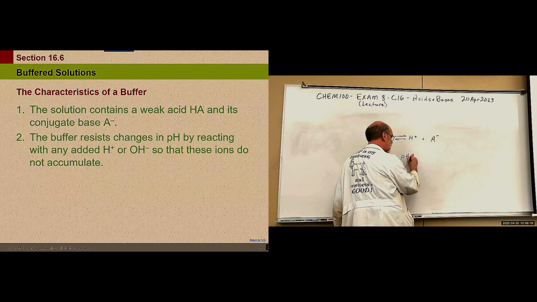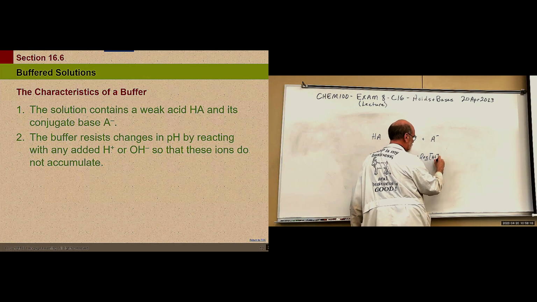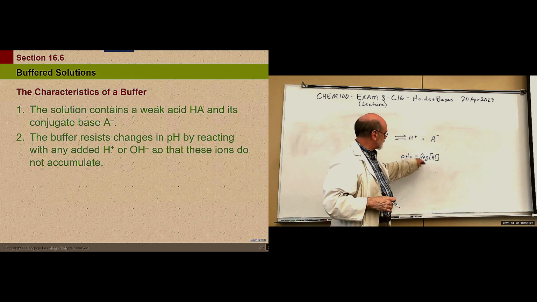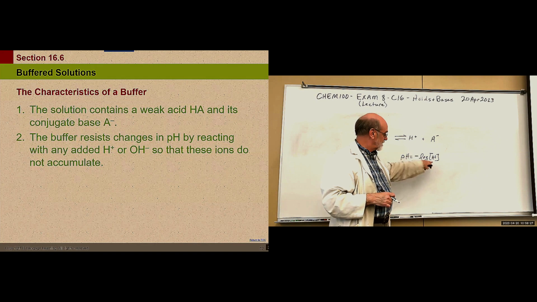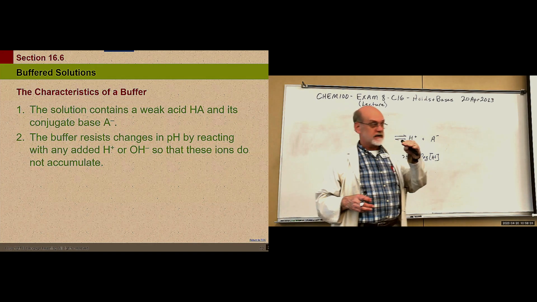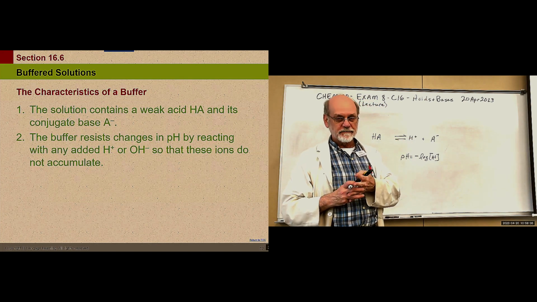So if pH is equal to the negative log of hydrogen ion concentration, then what's going to happen to the pH? If you consume most of the protons that you add, then the pH is not going to shift that much. Now, it won't be rock solid. It will change a little bit, but it won't change much.